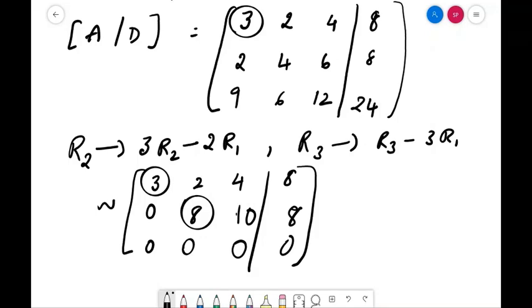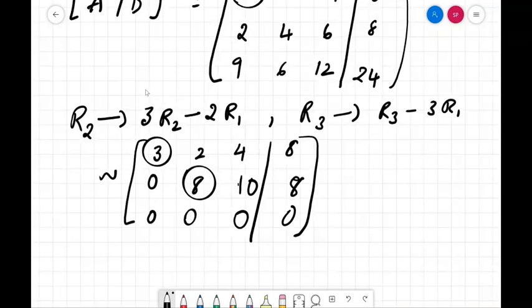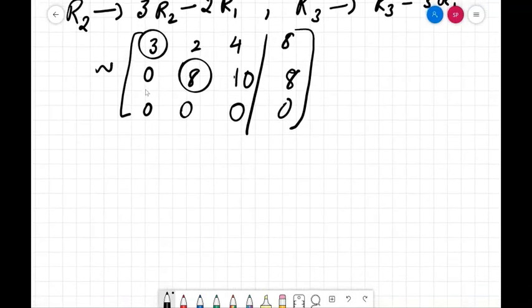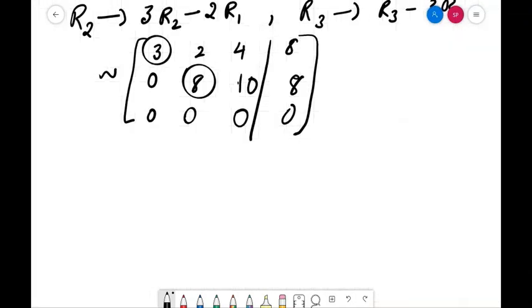So before talking about the solution of the system, let us write some more terms regarding this echelon form. Now here you have how many columns? 3 columns, C1, C2, C3. Till here only, C4 is there, but that represents the right hand side of the system. So let us take only these 3 columns. Now, what are the pivot columns?